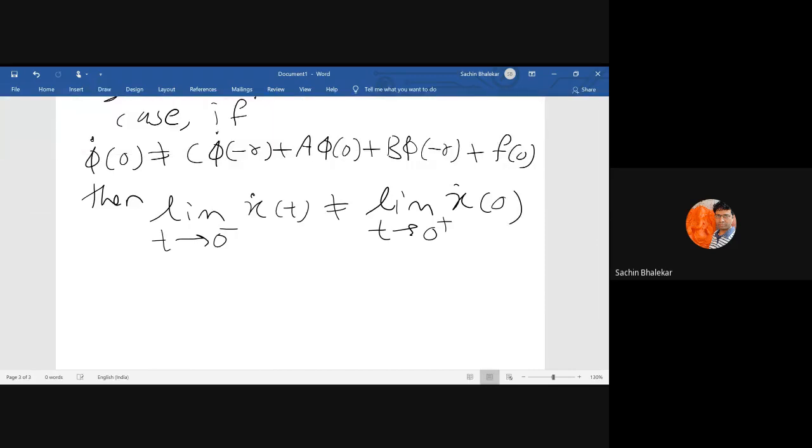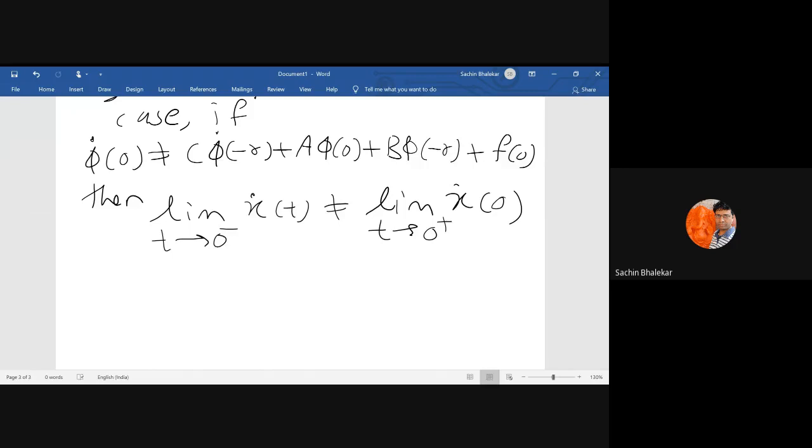Okay, you can check that phi dot of 0 is nothing but the limit of x dot of t as t tends to 0 from the left. Okay, so if we consider the left side of 0, then the solution x is the same as phi. And what is the right hand side of this equation? c into phi dot of minus r plus a into phi of 0, etc. It is nothing but x dot of 0 from the right, the right hand side derivative.